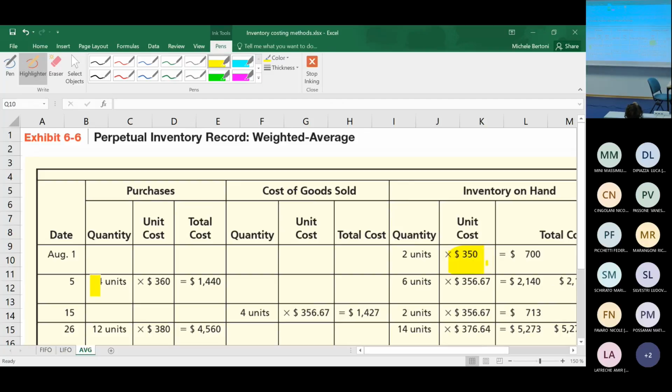And then you purchase 4 units at 360. That changes the cost per unit to 356, according to the formula we saw before. So the total value of the inventory divided by the number of units available. If you sell 4 units, you're going to apply this value, the average cost of the inventory.